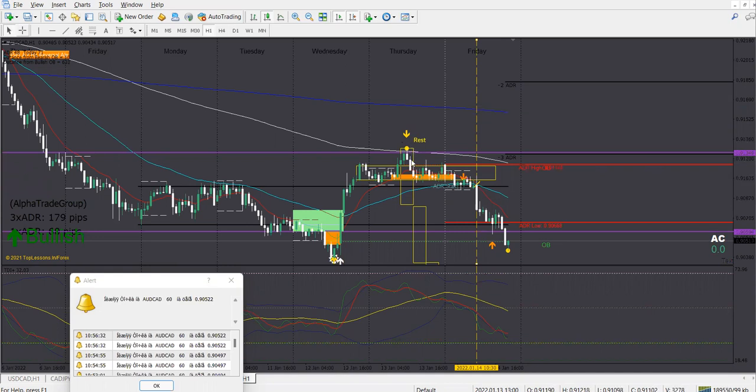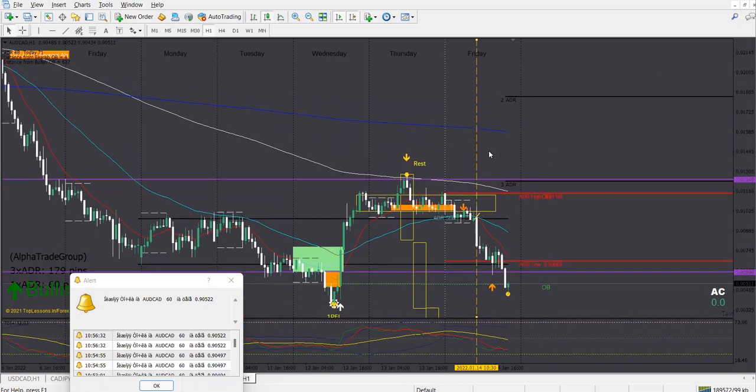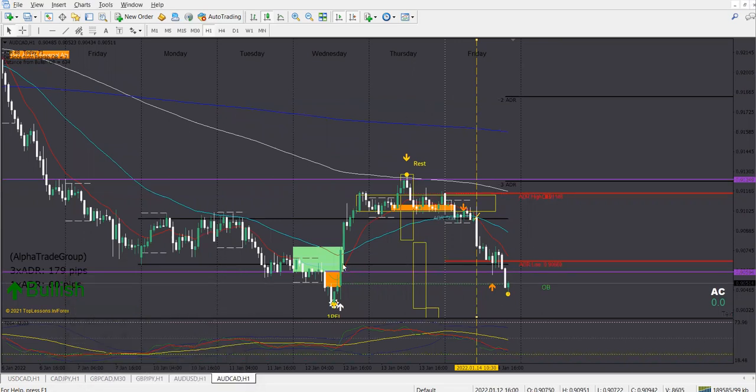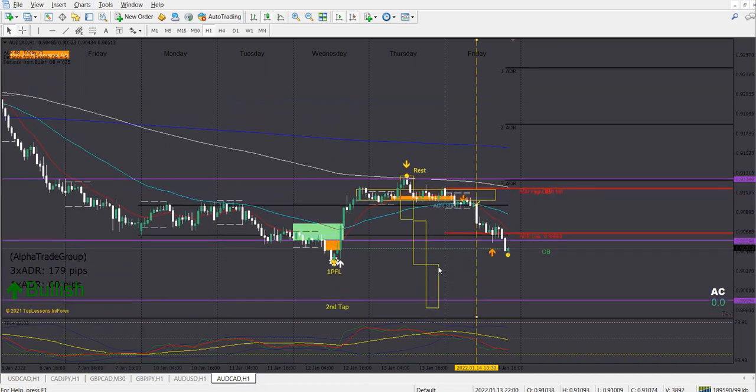Sometimes it'll pin the 200, it'll come back down, play a little bit, and then it'll break it. And then sometimes it pins the 200 twice and it falls, right? So I wasn't really sure what it was going to do yesterday, when I was glancing at it. But when I got here to the chart this morning, I was like, oh, it's confirmed. Okay, this is totally going down today. So we totally have an opportunity to take this trade.